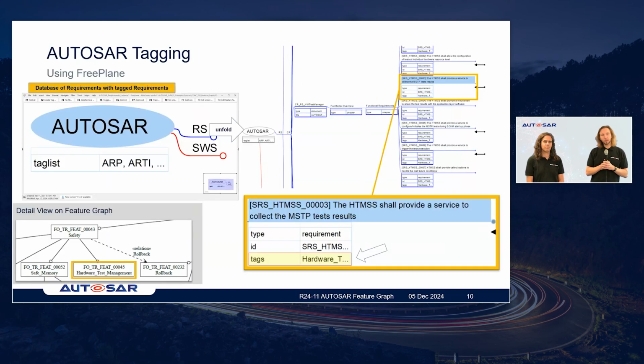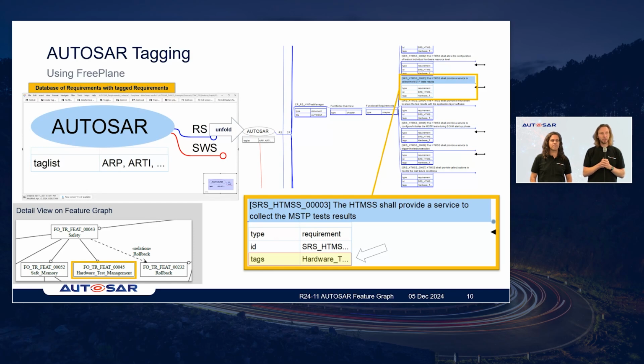And also to give you a glimpse of what the whole tagging we are talking about actually looks like. Today we want to present you the feature graph, but basically the tagging is also a major part of it. Down on the left-hand side, you see a small picture of the feature graph, basically the hardware test management. If you have the database of this whole standard, you basically can filter the whole standard according to one tag.